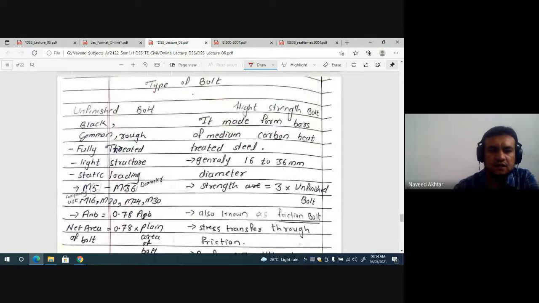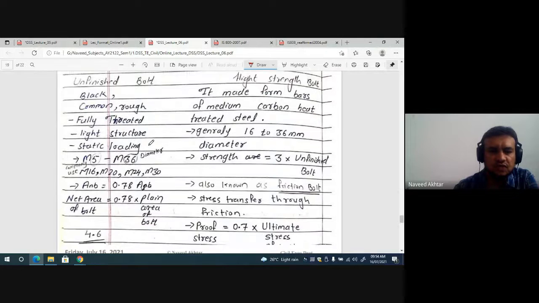Now, the types of bolts you can see and go through. There are black common type, fully threaded. Unfinished bolts are also called black common, also called rough, also called fully threaded. Unfinished bolt is used for light structures, where static loading is there.